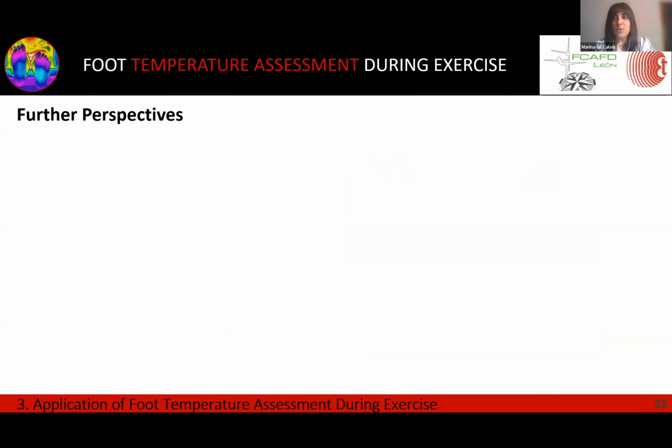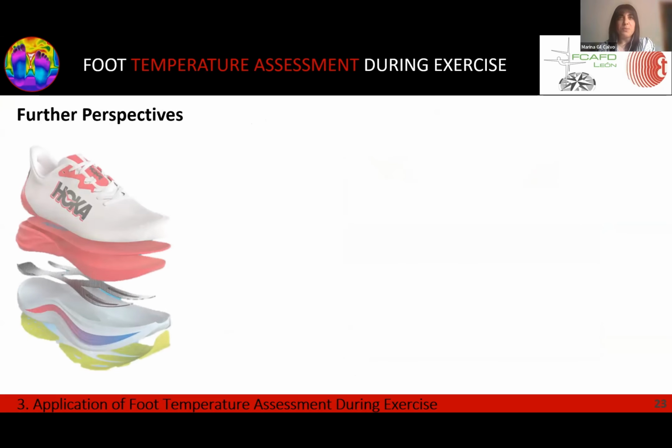And as I told you before, to finish my presentation, I will present what are the next perspectives or directions in footwear, in foot temperature assessment. In running, where most studies have been conducted, it would be interesting to analyze the effect of advanced footwear technologies, such as carbon fiber plate shoes, on plantar temperature.